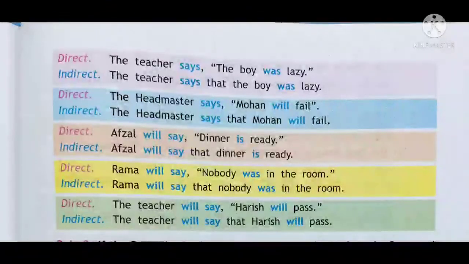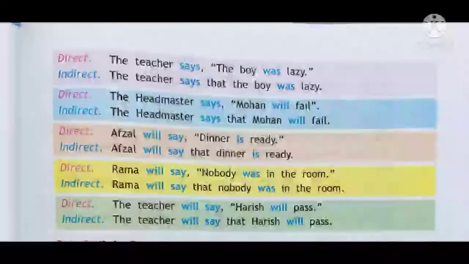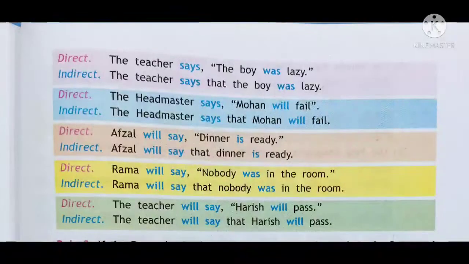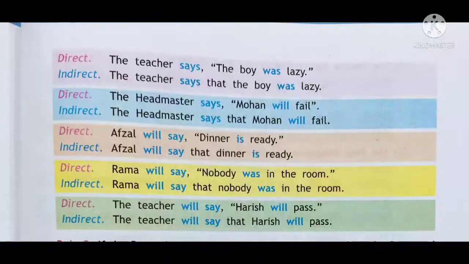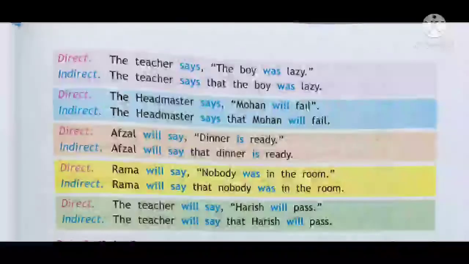Another example: the teacher says the boy was lazy, it will become the teacher says that the boy was lazy. In these few examples, you have learnt that if the reporting verb is in the present or future tense, then the verb in the reported speech is not changed at all.